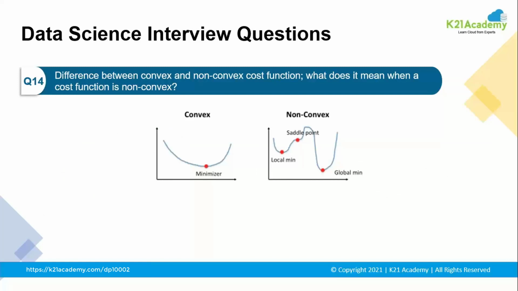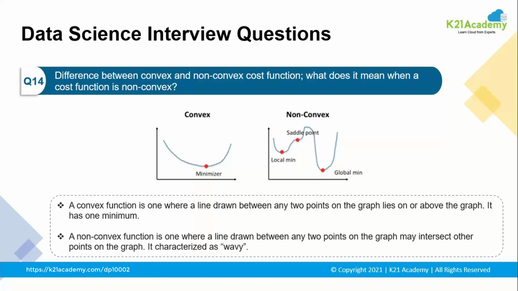Fine, then moving on to the next one: what is the difference between convex and non-convex cost functions, and what does it mean when the cost function is non-convex? When we are dealing with any supervised learning algorithm, be it linear regression, logistic regression, random forest, or any other algorithm, when we have a convex function, it means that we have one global minimum.